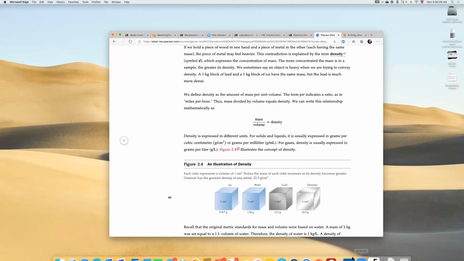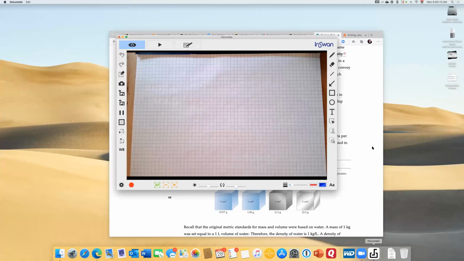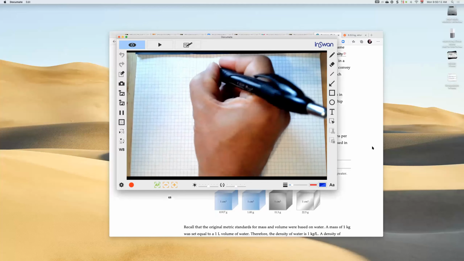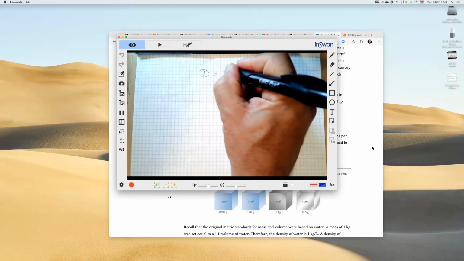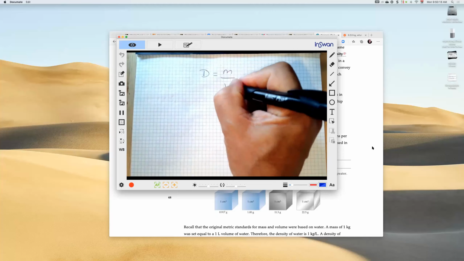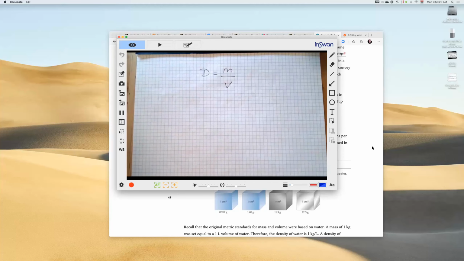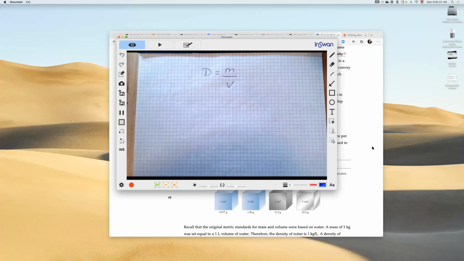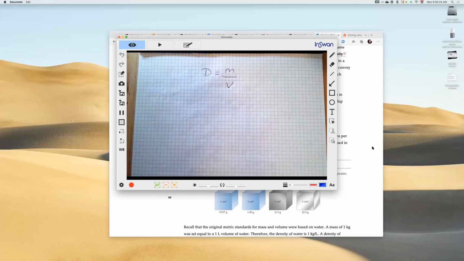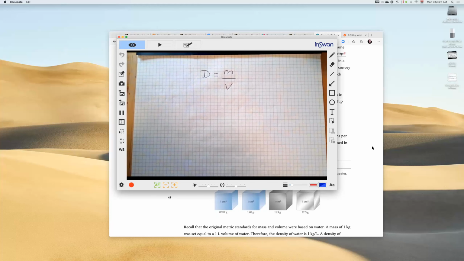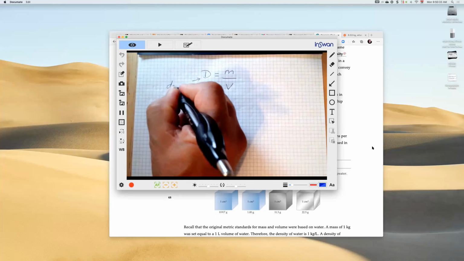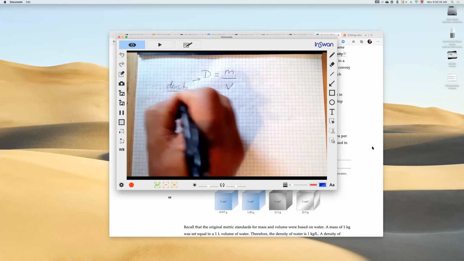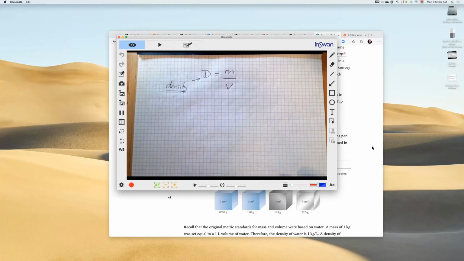Okay, I never saw it. So density, we're going to call it capital D in this course, is equal to M over V. If the symbols are slightly different in the book that you're reading, or if you discover that it's not capital D but lowercase d, no big deal. But that's density, and we're going to learn all about it right now.